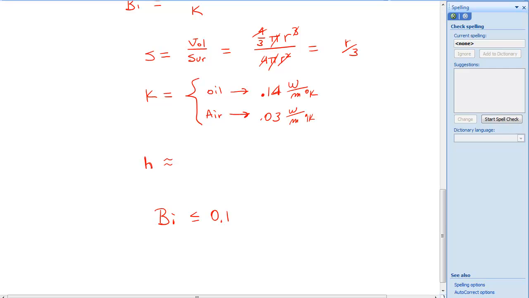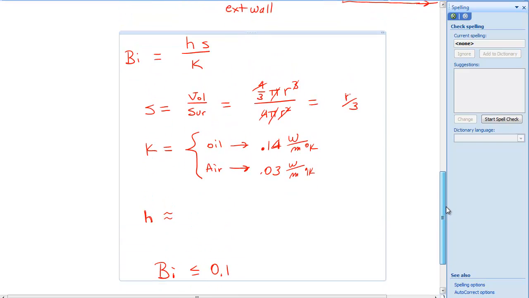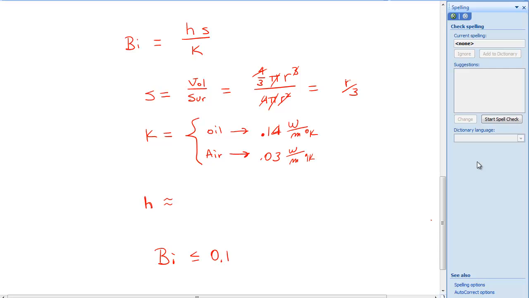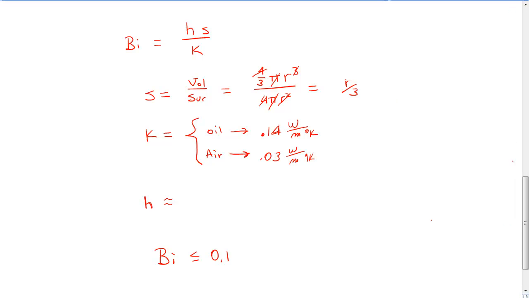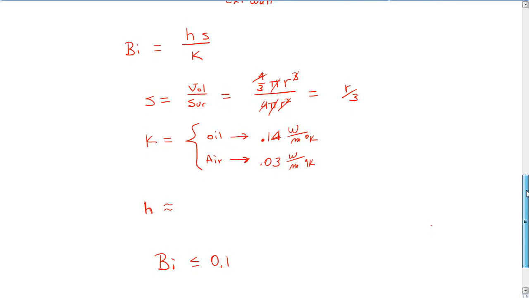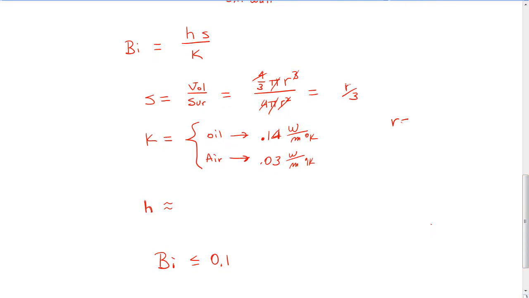Now let's take a look at our turkey and say that our turkey has a radius of, say, 1/6 of a meter.